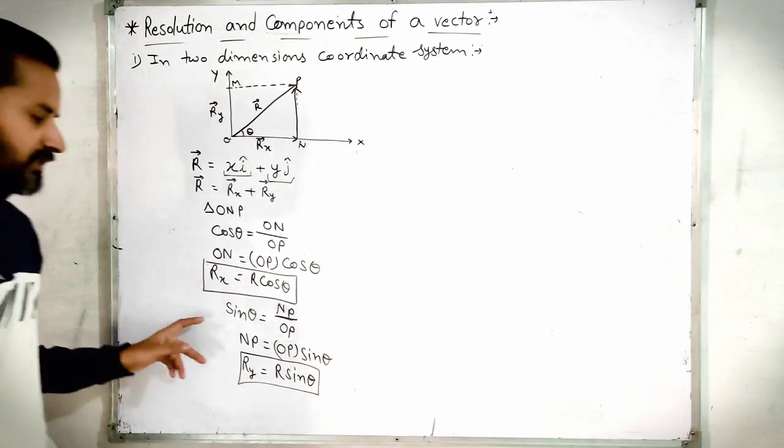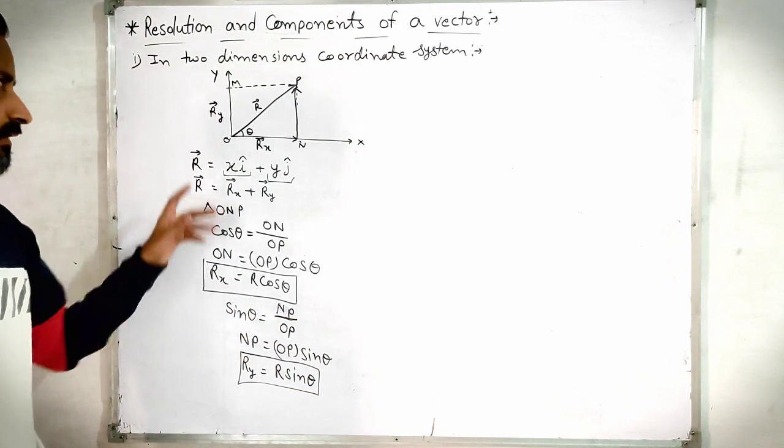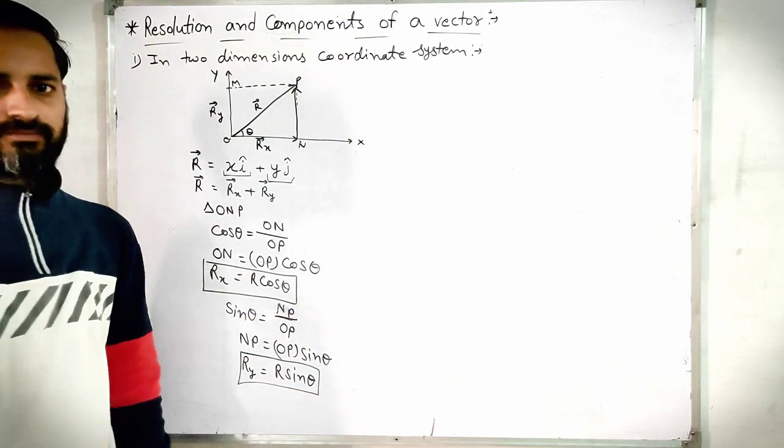So by this we get two components of the vector in a two-dimensional coordinate system.